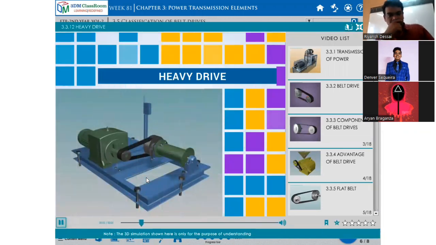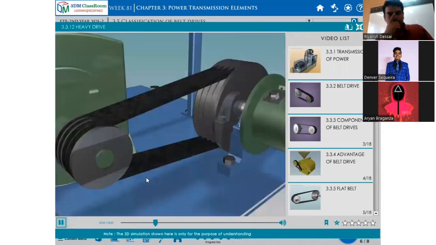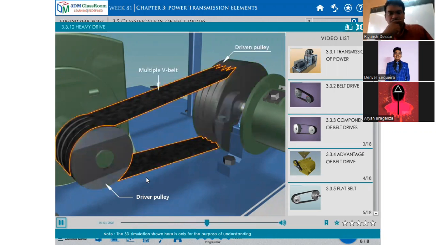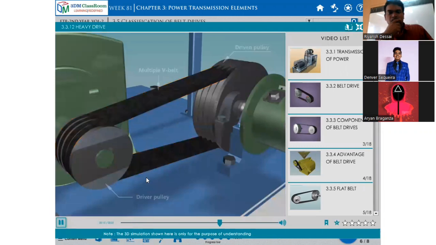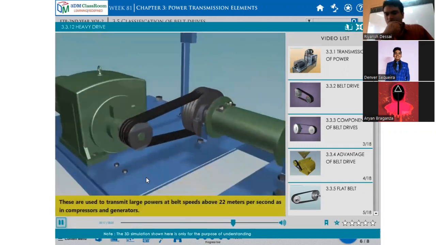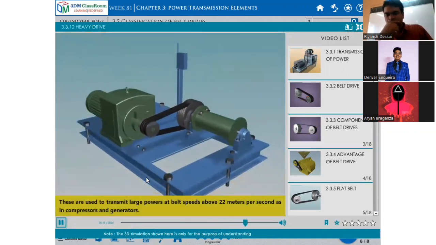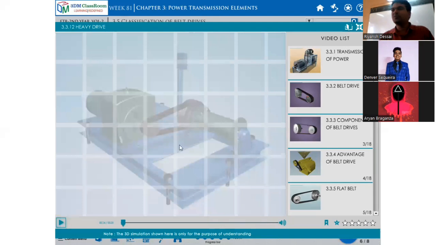In this video, we will discuss the heavy drive. Whenever there is a heavy drive, there should be multiple belts. It is rotated at very high speed.